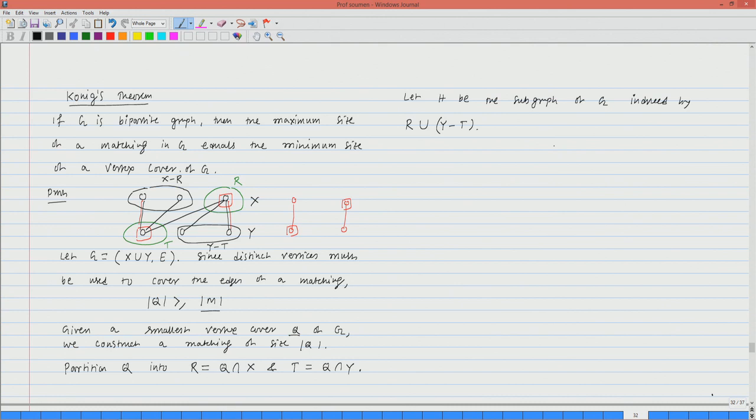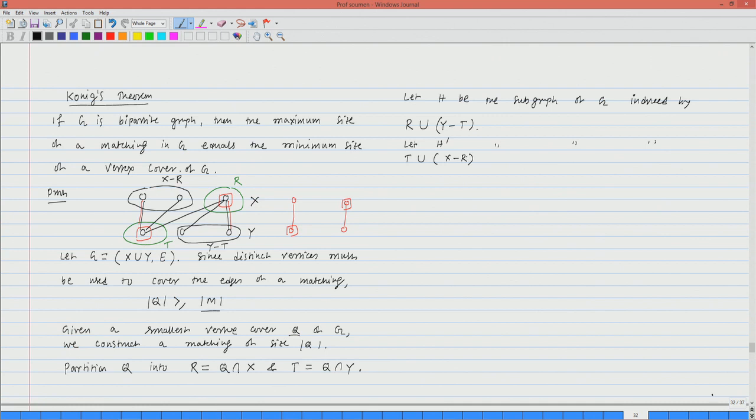You understand the definition of a subgraph induced by some set of vertices, and similarly let H prime be the subgraph of G induced by T union X minus R.